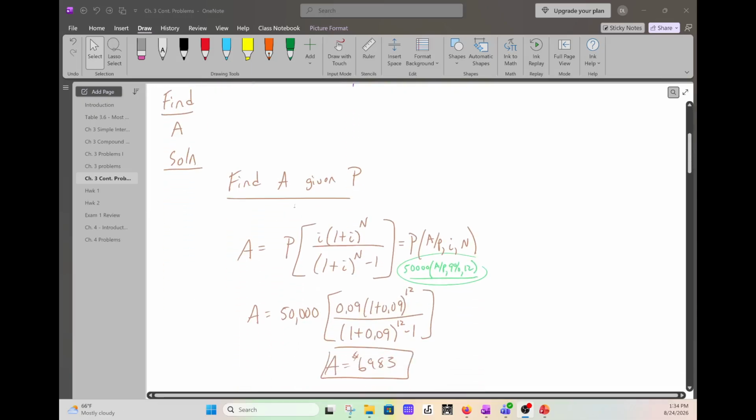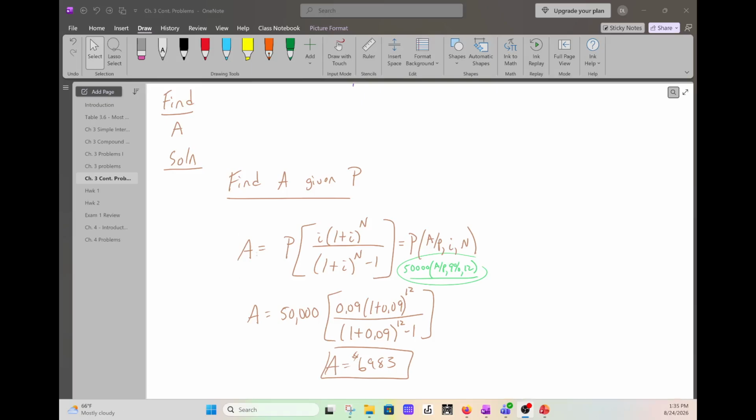And if I scroll down here, find A given P. So here is A on the left of the equal sign, and then here is the equation. I like to abbreviate it.